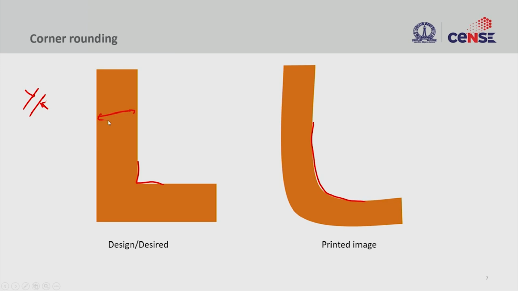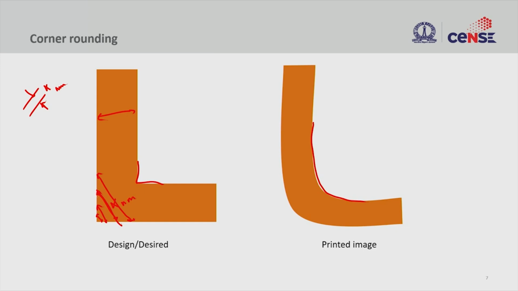Let's look at these corners a little bit carefully. This is your critical dimension. As I move closer and closer, my dimension is reducing, and at this point you are almost going to 0 nanometers or so. If my resolution is, let us say, a certain x nanometer, I will be able to image only to that x nanometers.